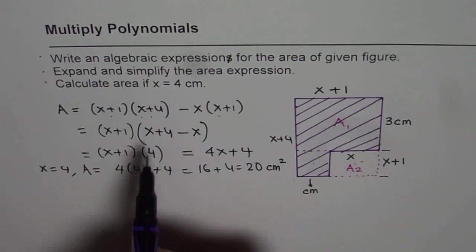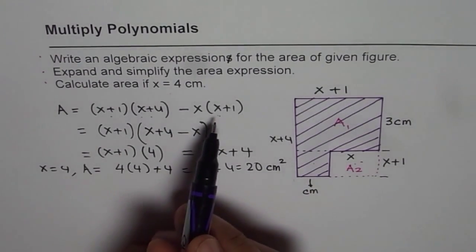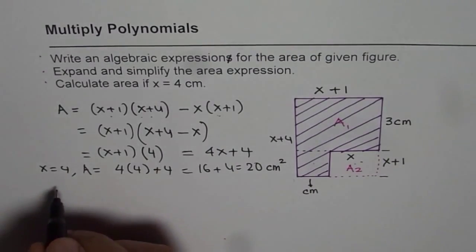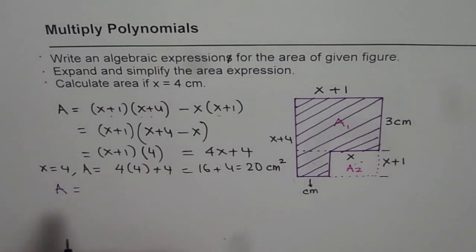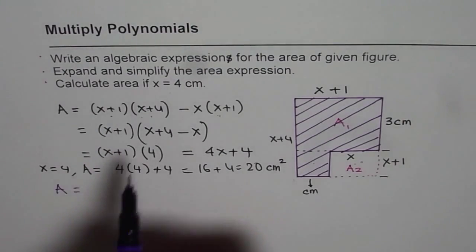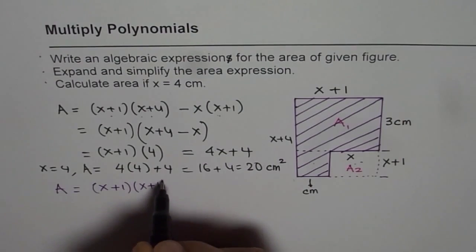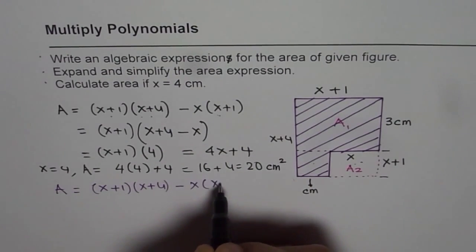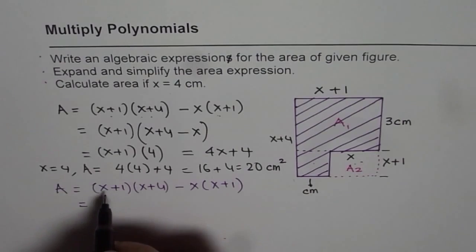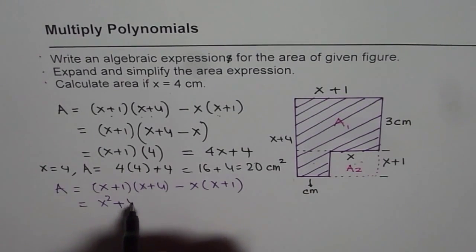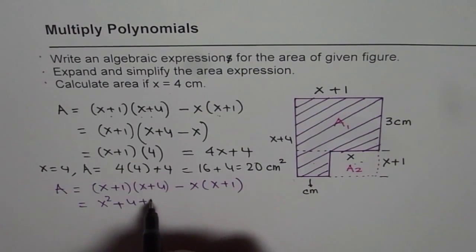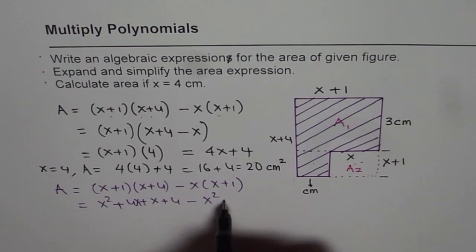The other way, I took this common factor. Some of the students might not have learned this process, so I'm expanding it and then writing my solution. We have an expression which is x plus 1 times x plus 4 minus x times x plus 1. Let us expand. When you expand, x times x is x square, then 4x, plus when you multiply with 1, we get 1x, and then plus 4, minus x square minus x.